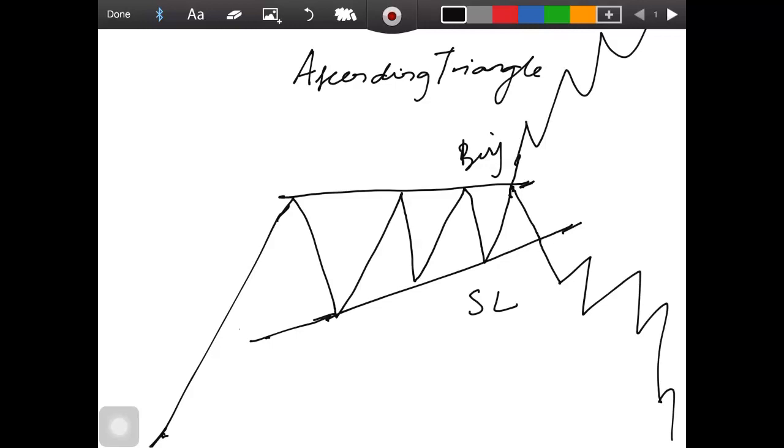So an ascending triangle is a continuation pattern, but when it fails, it most likely becomes a major reversal pattern. When it fails, you can sell below this support line, put your stop loss above there, and your take profit, of course, should be much lower. That's how your ascending triangle works.